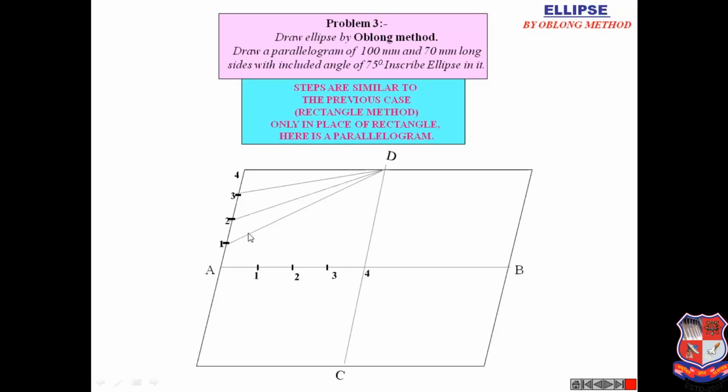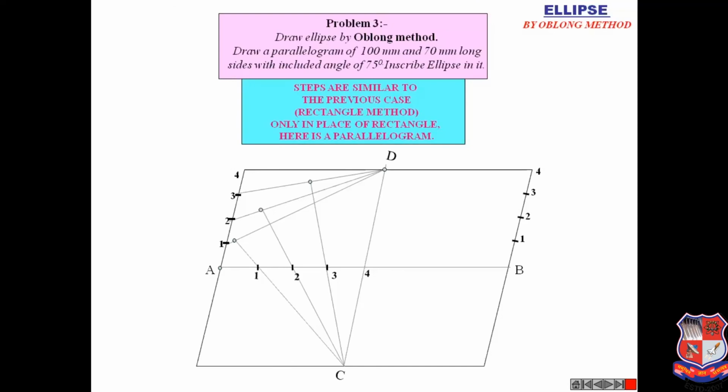So you will get 1 point here. Okay, the line from C which is passing through 1 cuts this line here. So you get 1 point. Same way here, 2, 3. Okay, so you will get one smooth curve.